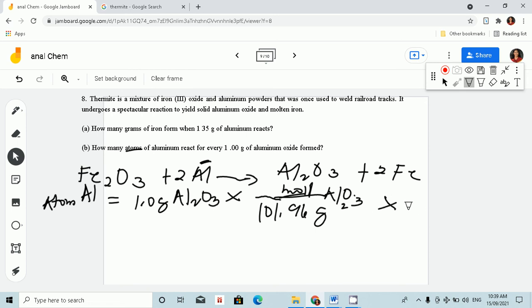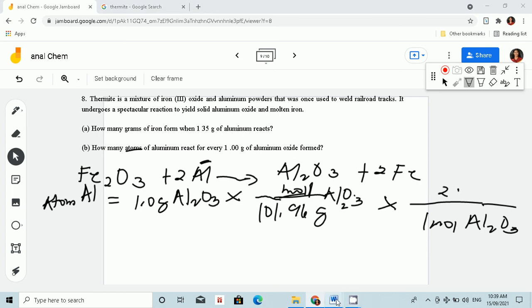We are asked for atoms of aluminum, so let's continue. 1 mole aluminum has 6.022 times 10 to the 23 atoms.